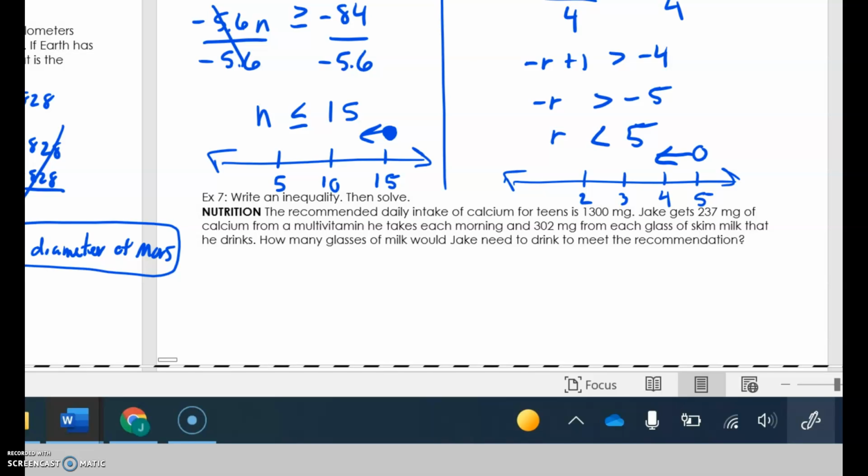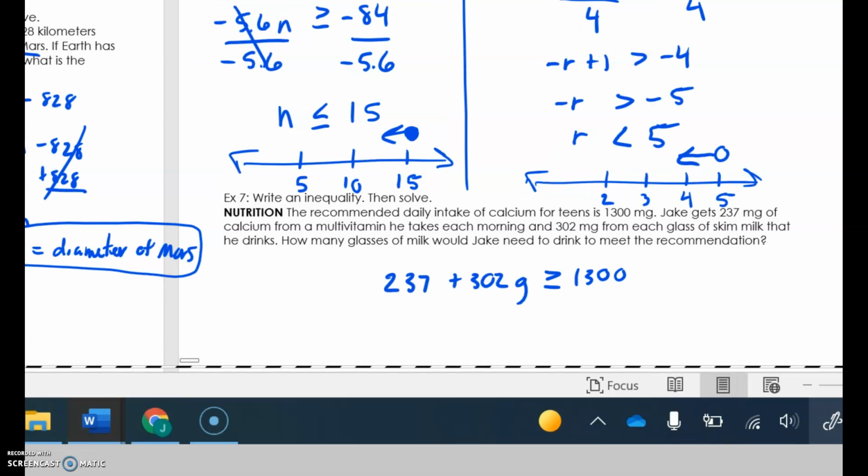Alright, for my inequality, I have 237 plus 302G, with G representing the glasses of milk, and that needs to be greater than or equal to the recommendation of 1,300 milligrams. Okay, so now I'm going to solve for G and figure out how many glasses it would take.